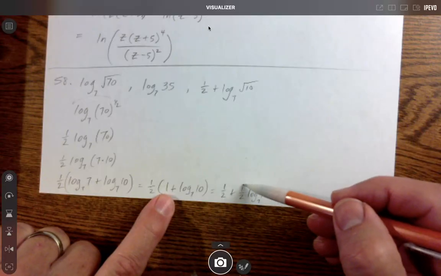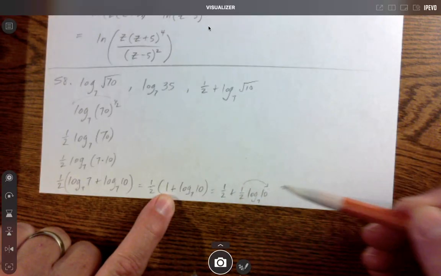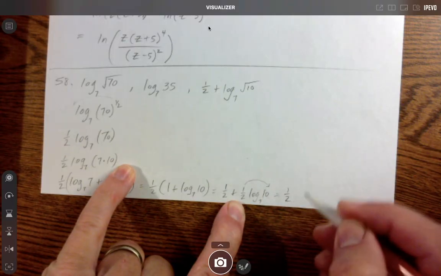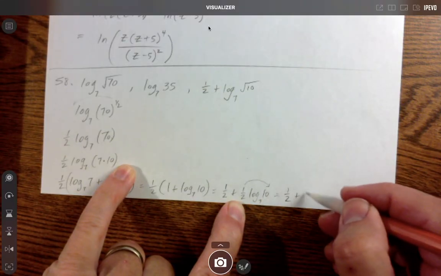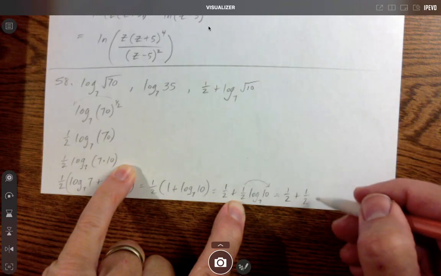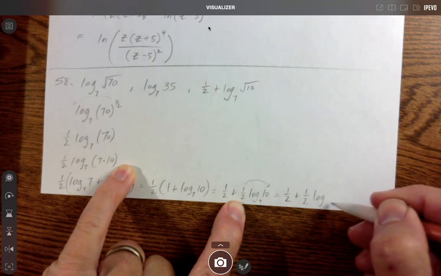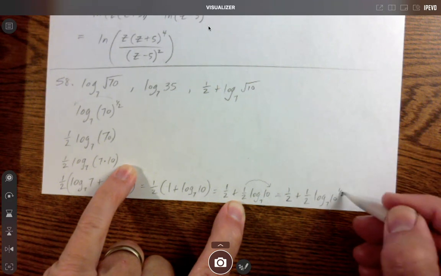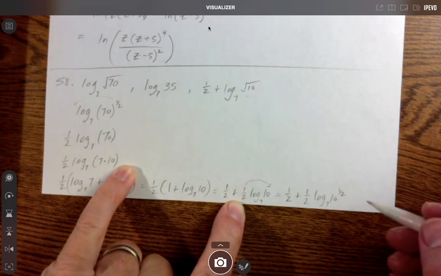Alright, and I think it's going to go to that. And then that 1/2 can be brought over here as an exponent. So that would be 1/2 plus log base 7 of 10 to the 1/2, and 10 to the 1/2 is a square root.